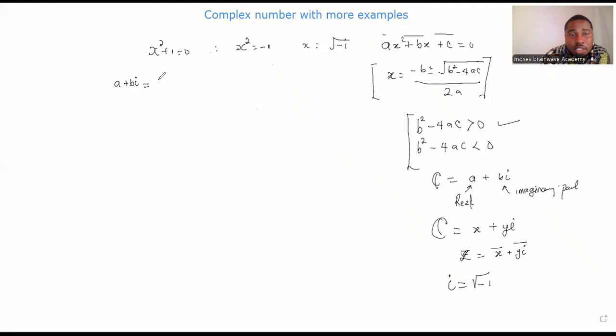We say that this complex number is equal to c plus di if these conditions are met: if a is equal to c, and if b is equal to d. This is called comparing the real and the imaginary parts of the complex numbers. If this part is equal to this part, and this part is equal to this part, then you can say these two complex numbers are equal.